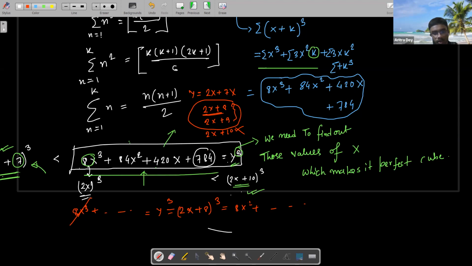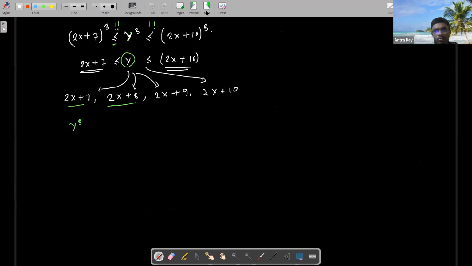Simply 8x cube cancels out, and this will be a quadratic. Equate it, and you get a quadratic equation, and you can simply solve this quadratic. There are a lot of formulas to solve a quadratic. That's it.